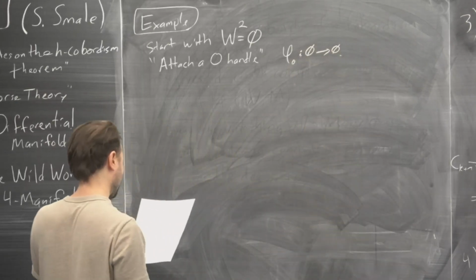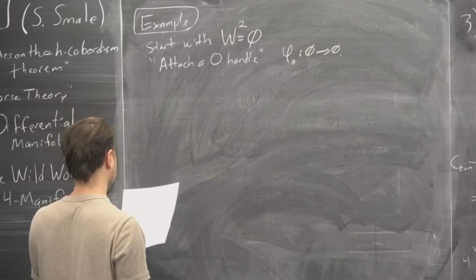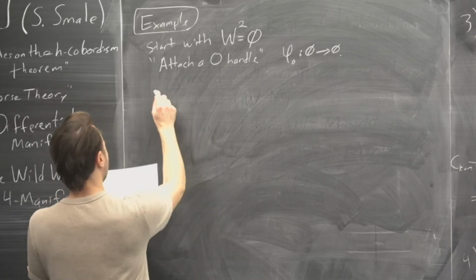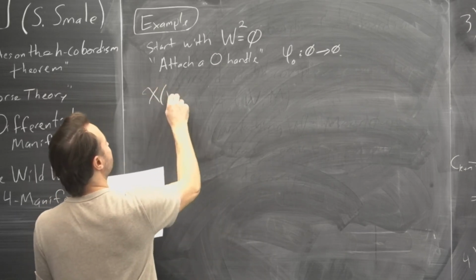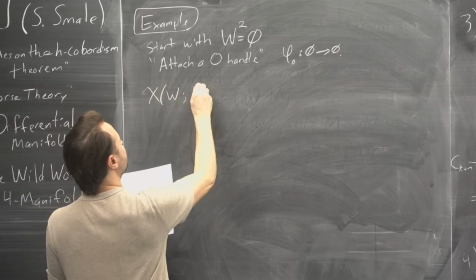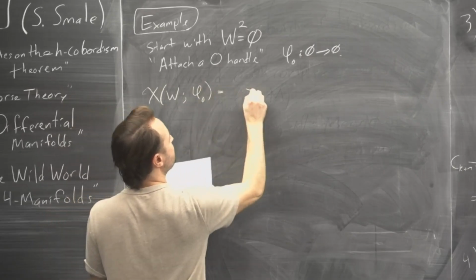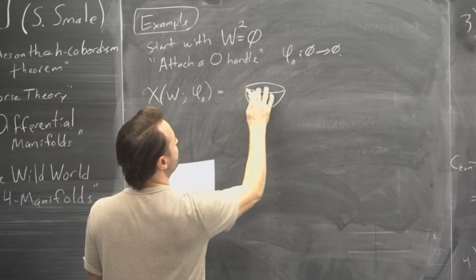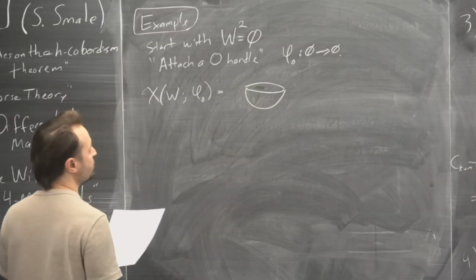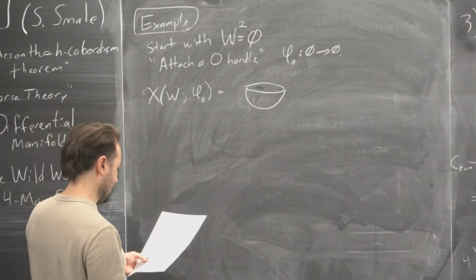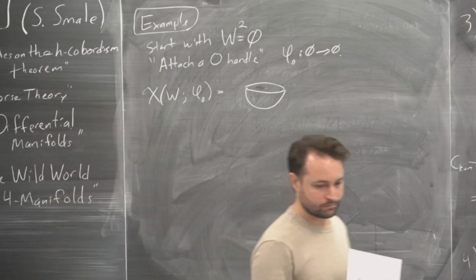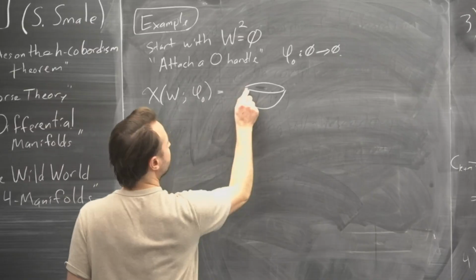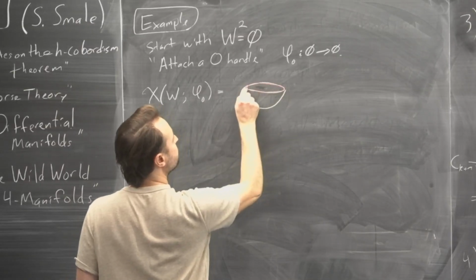That's the best embedding anyone's ever thought of. Awesome. So then chi of our W at phi 0 is just a disk. This time it's not solid, it's just a two-dimensional disk, which is cupped. And the belt sphere of this disk is all of this.